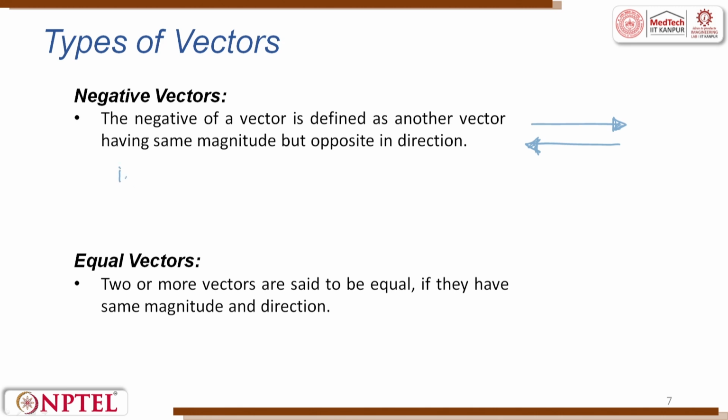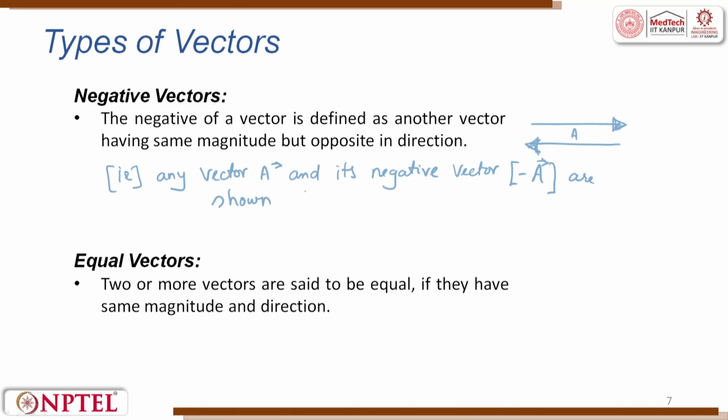Any vector A, positive, and its negative vector, which is minus A, are shown as above. A and minus A.